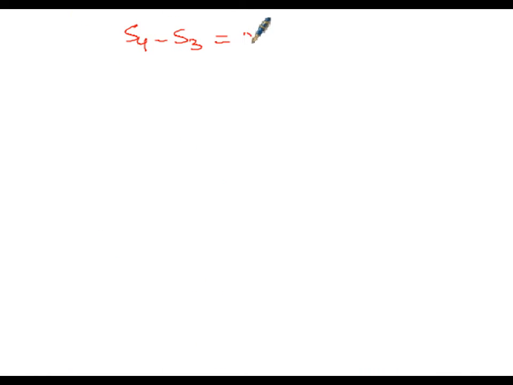So 20 minus 12: 12 is negative and 20 is positive. Let us subtract: 20 minus 12 is 8. Since 20 is greater than 12, the sign is positive. So S4 minus S3 equals positive 8.